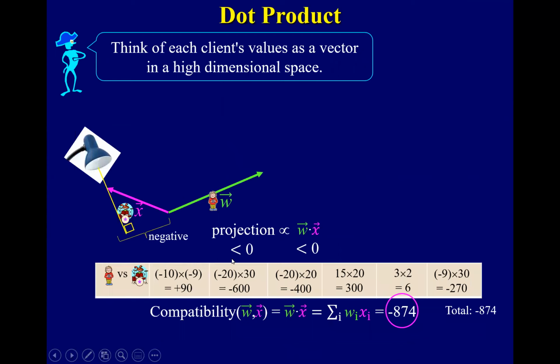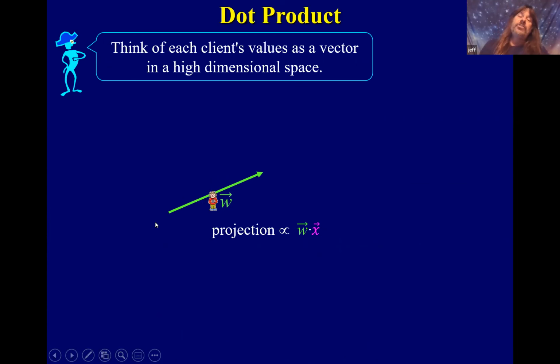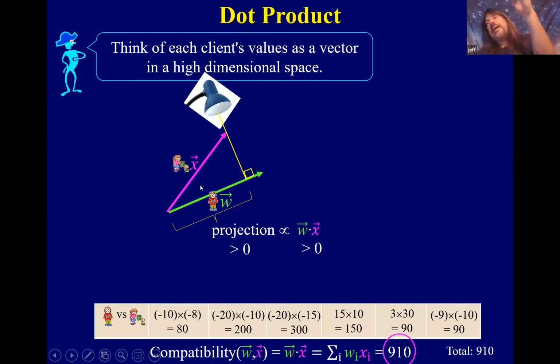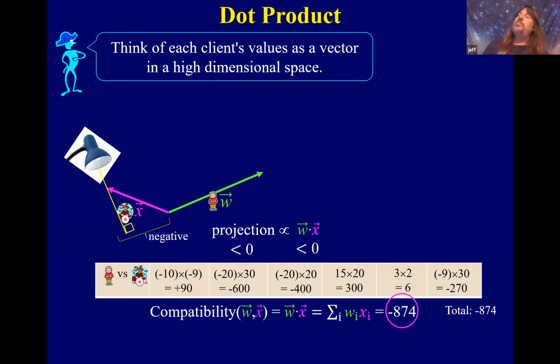On the other hand, if they're not correlated well, then you get a negative dot product and a negative correlation, right? You see how in the first case, the two vectors were sort of moving towards each other, less than 90 degrees between each other. And here, the angle between them is bigger than 90 degrees.